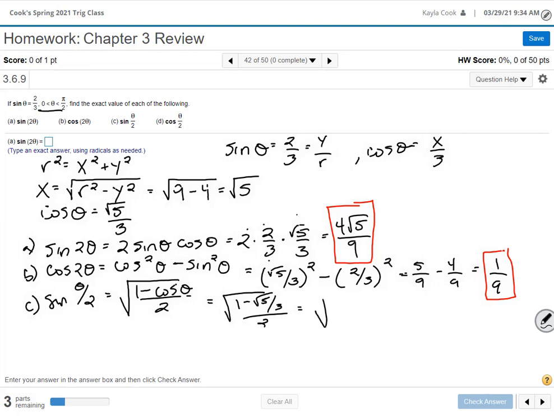So in the numerator there, I have a fraction on top of a fraction, and so that is going to simplify to 3 minus root 5 over 3, and then divided by 2.